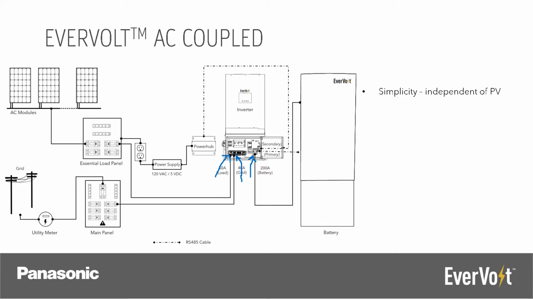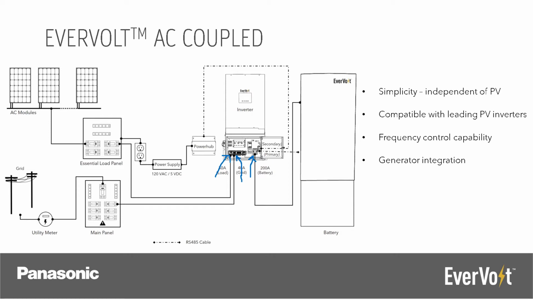One of the main advantages of an AC coupled system is that it's simple because it's independent of the PV system that's currently existing. It's compatible, therefore, with all of the leading PV inverters on the market today. We can do frequency control with some of the newer PV inverters on the market, which we'll talk about momentarily. We can integrate with a generator.